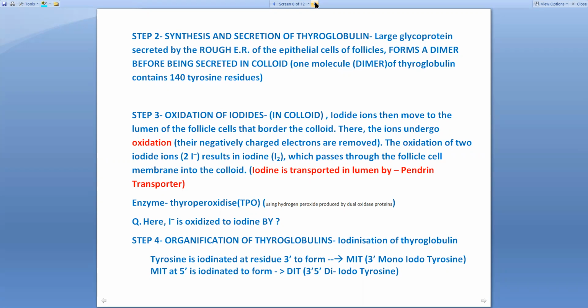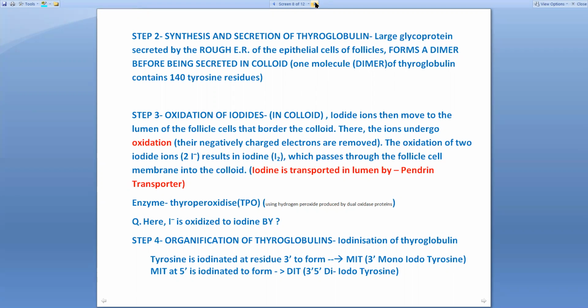When you study thyroglobulin, you will read that it contains 70 tyrosine residues. But thyroglobulin is not a monomer. It is a dimer.